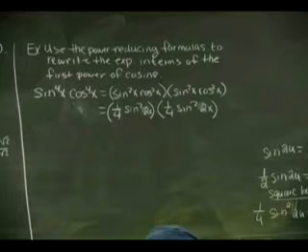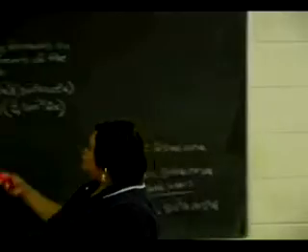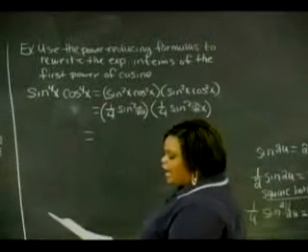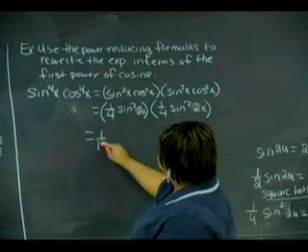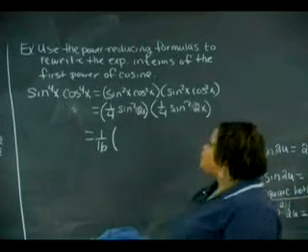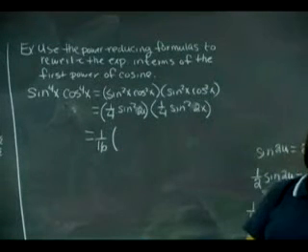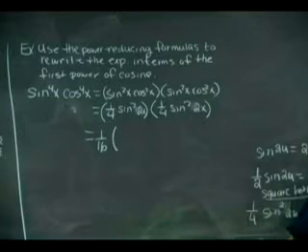Now, the problem said they want this in terms of the first power of cosine. We can have double angles for cosine, but now I can break down this using my power reducing formulas. I can go ahead and do 1/4 times 1/4, which is 1/16. I can go ahead and combine those two constants there, okay?